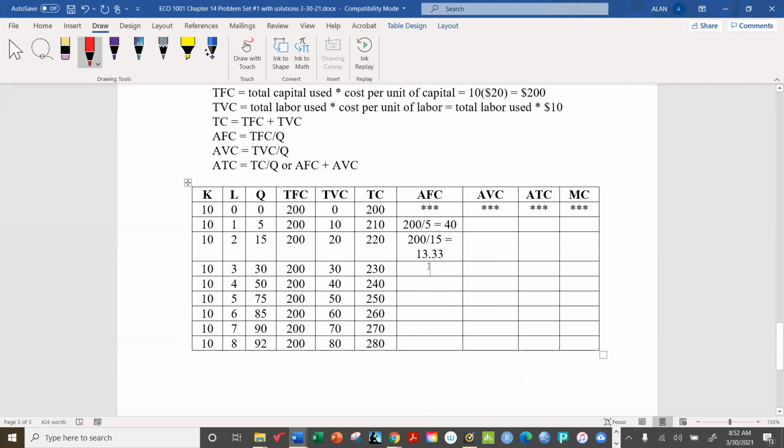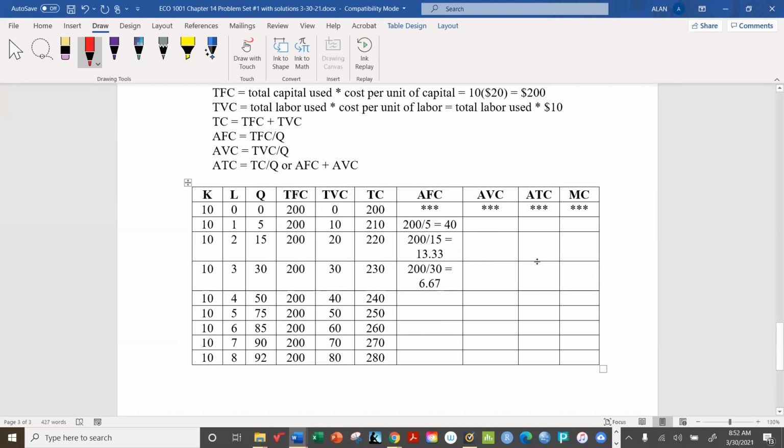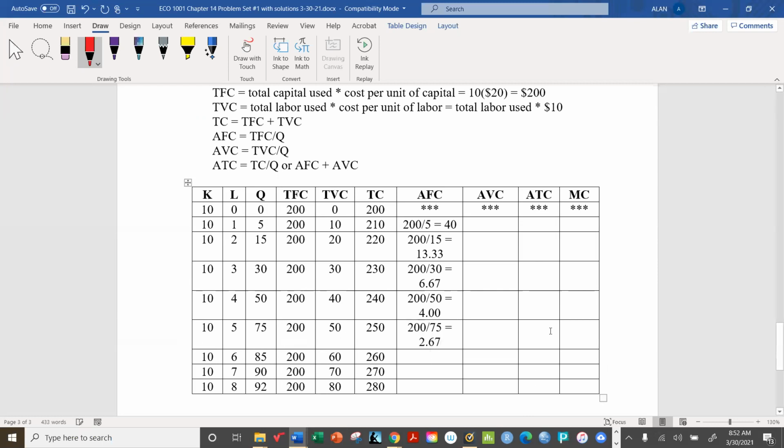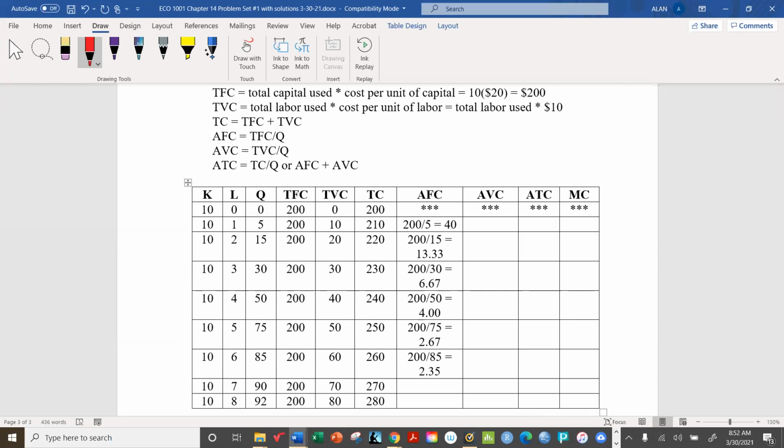All right, so for the next one, it's 200 over 30, which is 6.67. And then I'll have 200 over 50, which is 4. And then 200 over 75, which is 2.67. 200 over 85, which is 2.35.